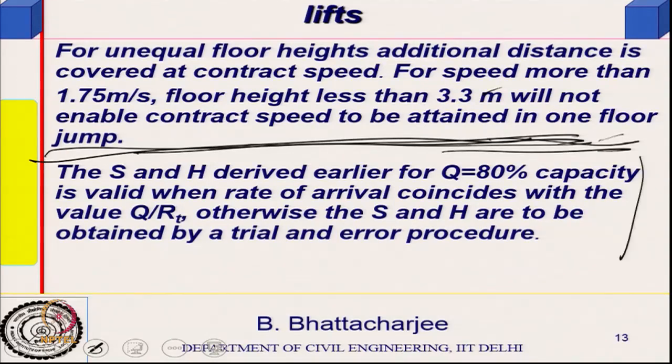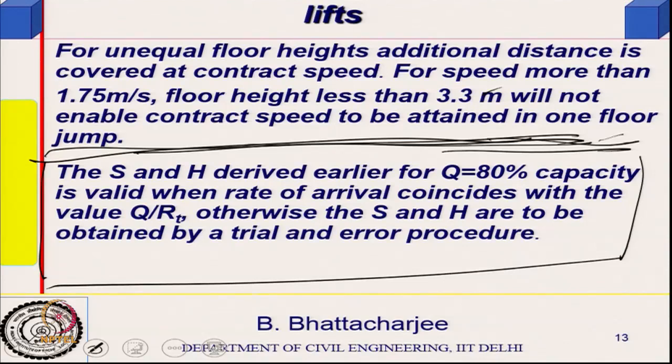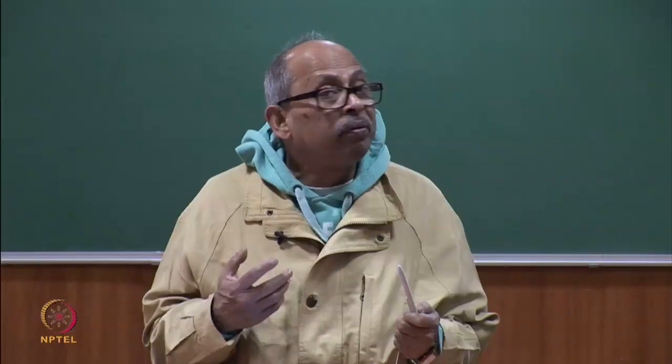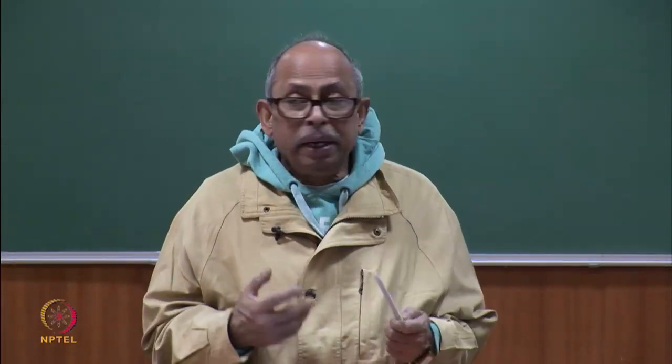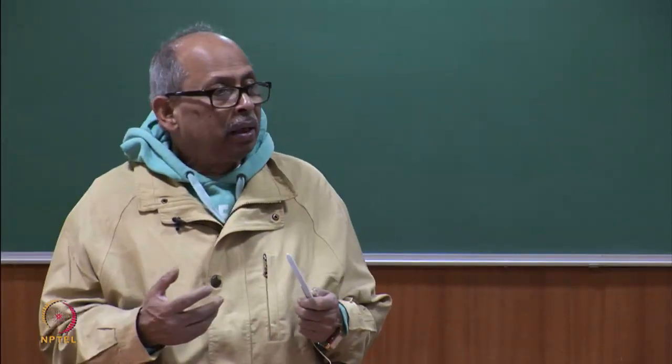We made certain assumptions during this derivation. We derived with Q equal to 80% capacity. Now this is valid when I have a sufficient rate of arrival, and the rate of arrival matches the rate of service.